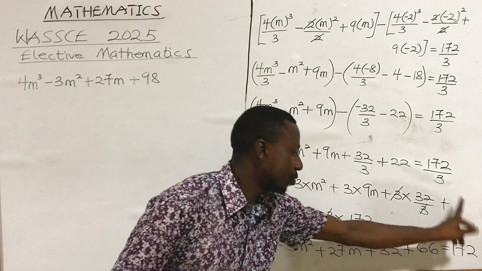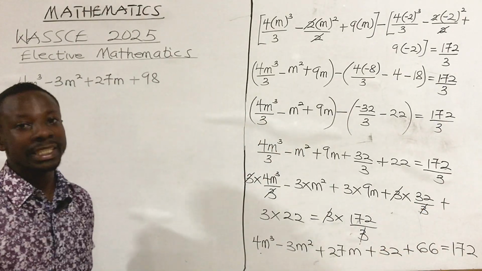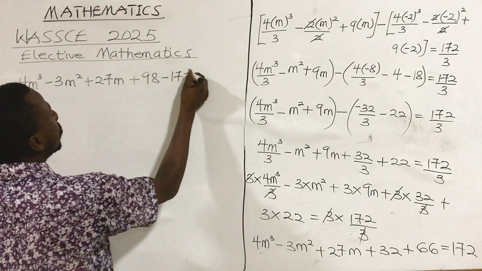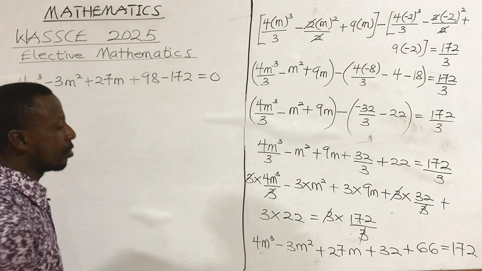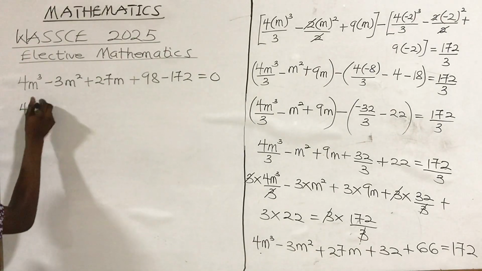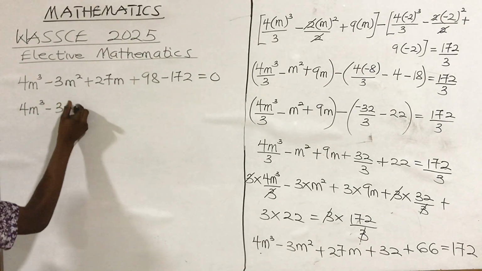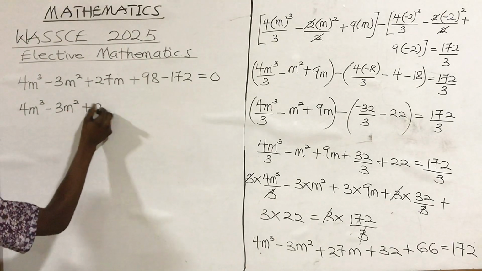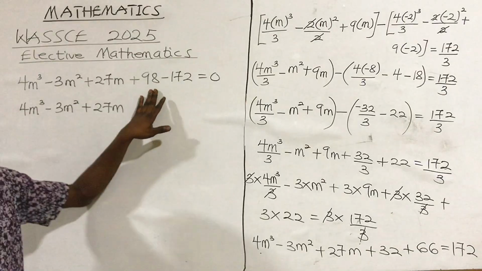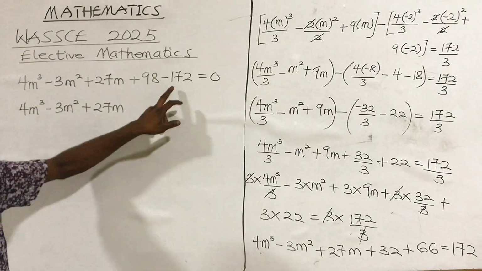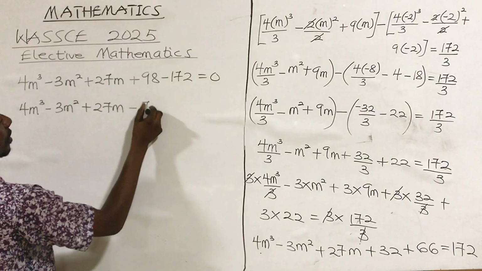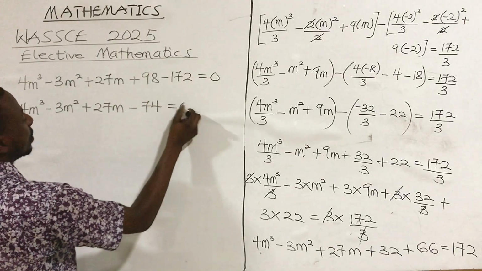Then this 172, we are going to take the additive inverse, which is negative 172, which is still equal to 0. So now we have 4m cubed minus 3m squared plus 27m, and 98 minus 172, so we have negative 74, which is equal to 0.